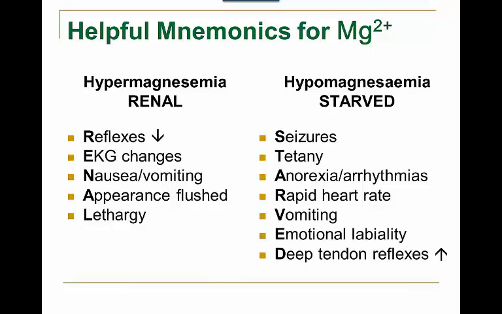There are some mnemonics, and I included a few more in your soft chalk, for magnesium. The hyper one is RENAL, so you can read that there: reflexes, EKG changes, nausea, vomiting, flushed, and lethargy. And then for hypo, you can use the word STARVED. Now, mnemonics are good and bad, and I mentioned this in the online tutorial.